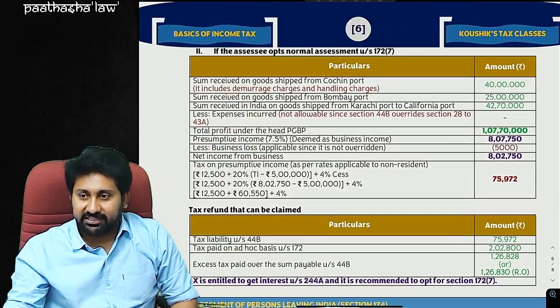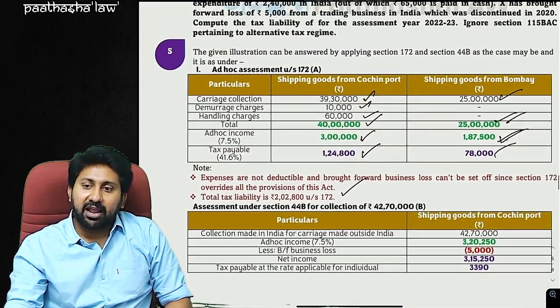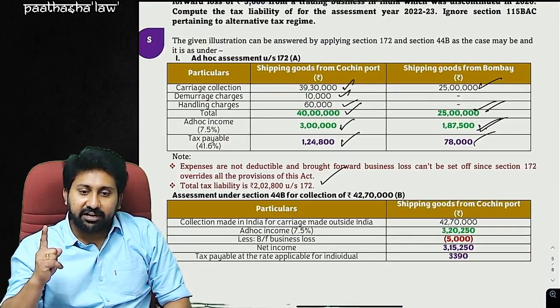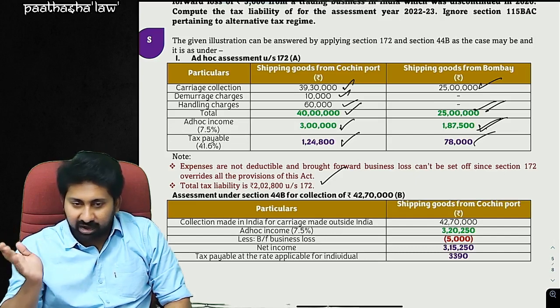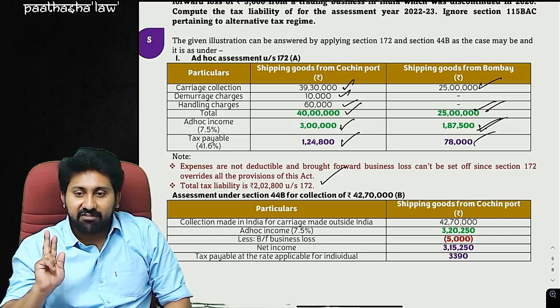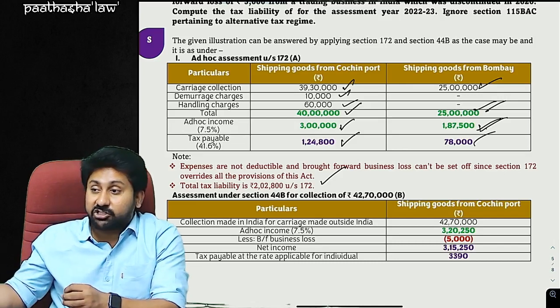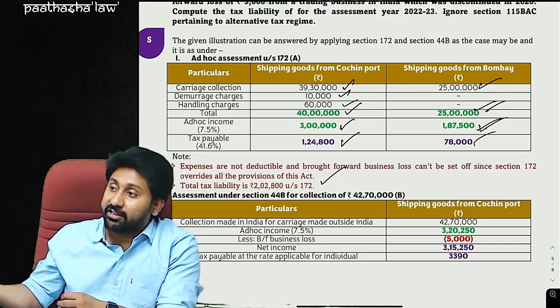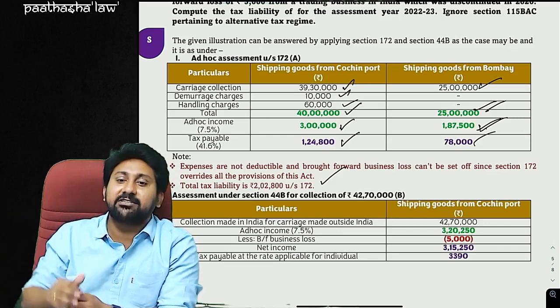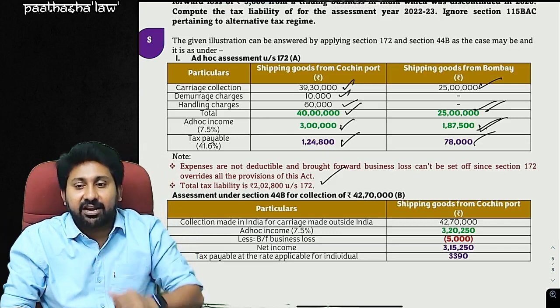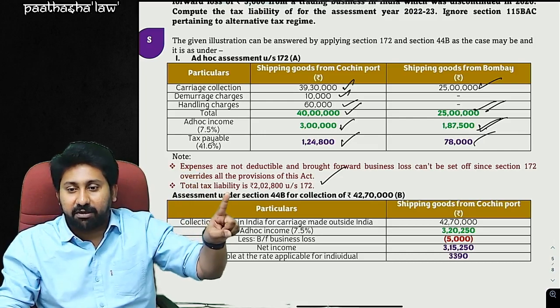Now the question arises, sir, here I am having two assessments. 172 first, at the time of departure I need to pay. The second one is assessment under 44B for income which is because of collecting for goods shipped in two different ports, which is not an Indian port, but income is collected in India. For that mandatory 44B will apply.